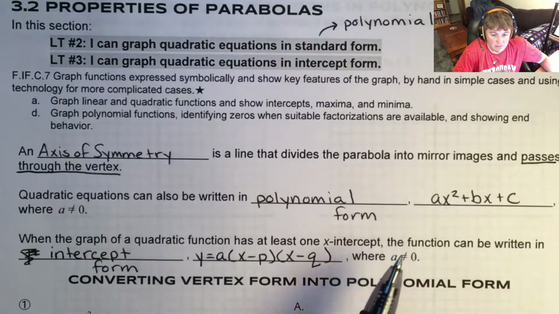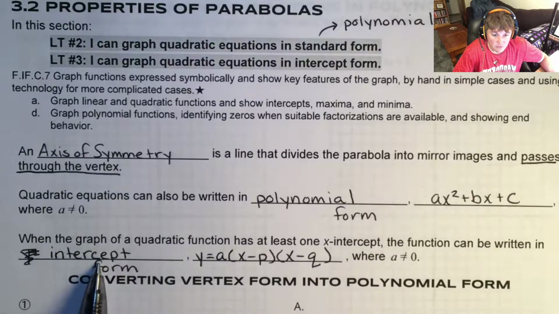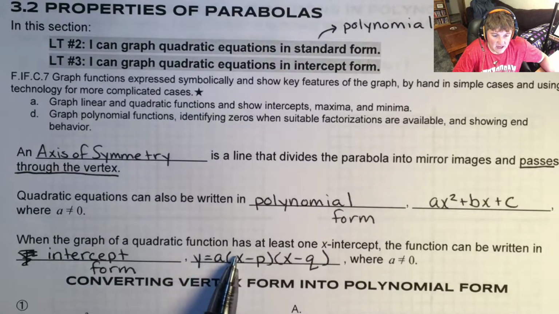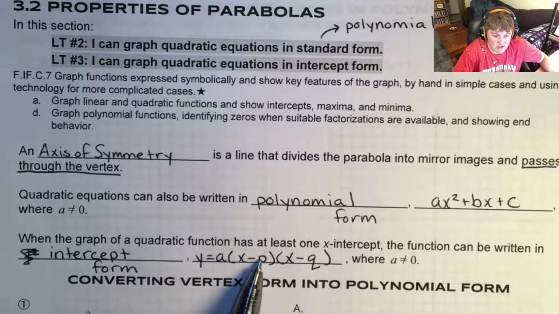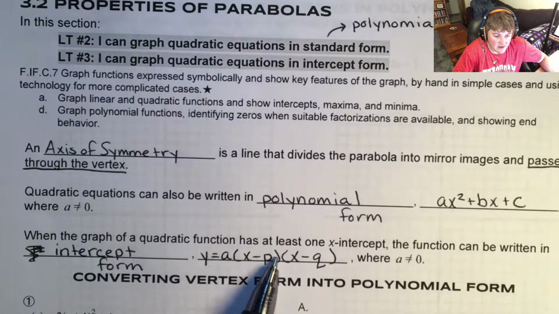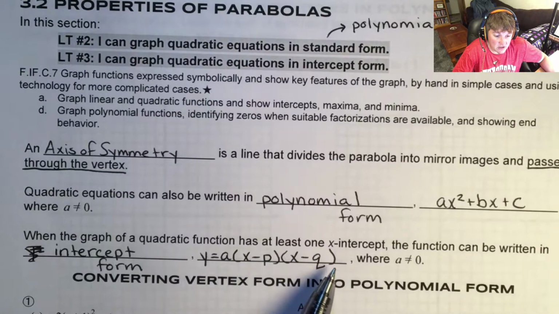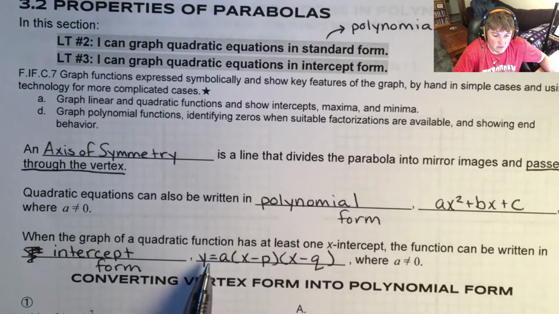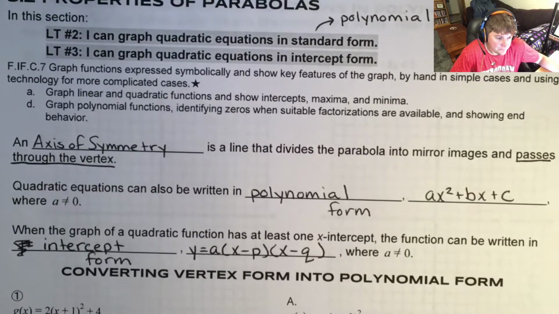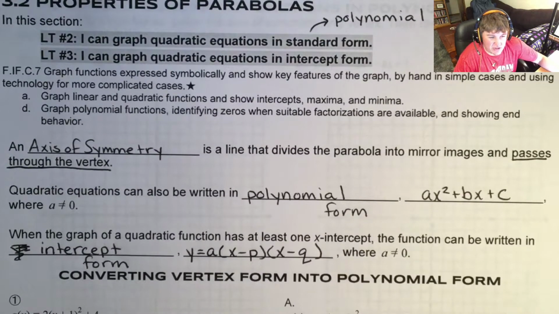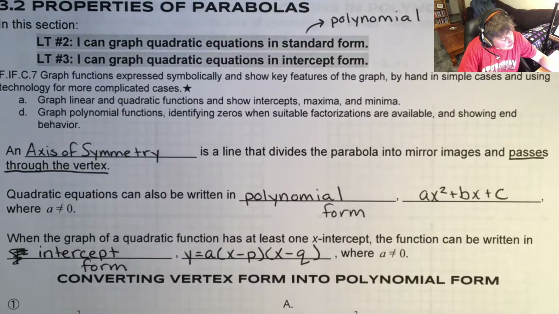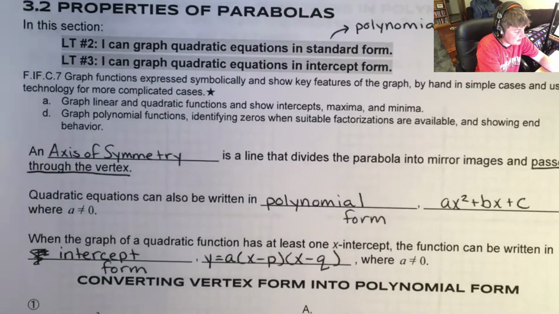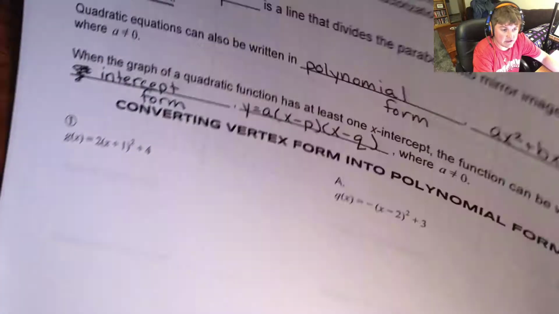The function can be written in intercept form, and that is y is equal to a times the quantity of x minus p times the quantity of x minus q, where p and q are going to be some numbers, and x will be our input variable, y will be our output variable. Okay, so that's just some basics that you're going to need to have down. Otherwise, let's move on.